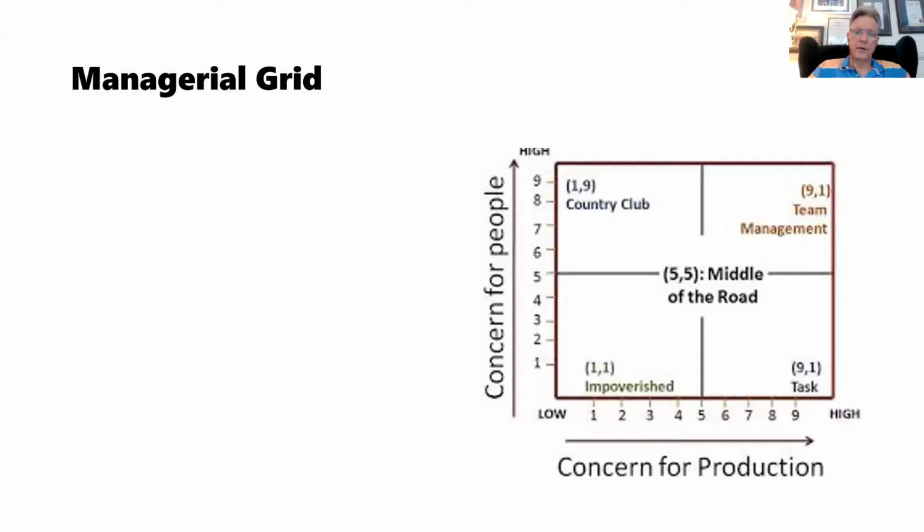So if you move across to the quadrant down in the bottom right-hand corner, this is a position where it's high on production and low on people. So in these sorts of situations, you've got a team leader who's very much focused on getting the task done, but really doesn't spend much time, energy, or effort working on the relationship dimension.